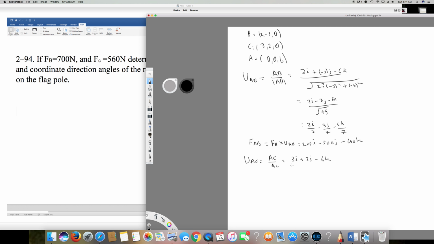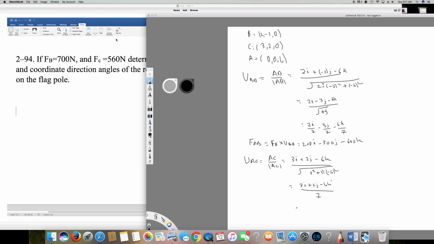The magnitude of AC is the square root of 3 squared plus 2 squared plus (-6) squared, which gives 3i plus 2j minus 6k over the square root of 9 plus 4 is 13, plus 36. So it's the same as before, 49, so I can directly write 7 here, and each of them is divided by 7.